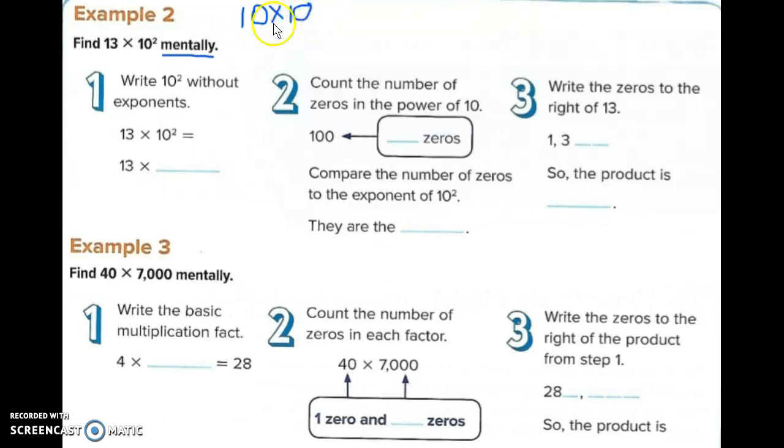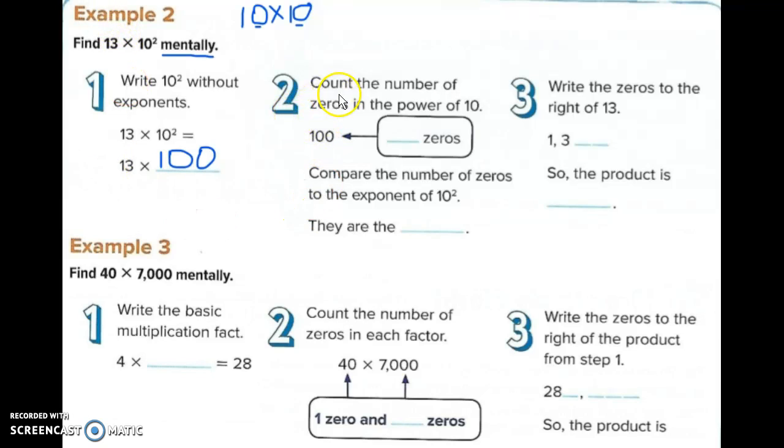And 10 times 10 has how many zeros? 1, 2. So if we have 10 to the power of 2, how many zeros will we have to write down? 2 zeros. So we are working with 13 times 100.